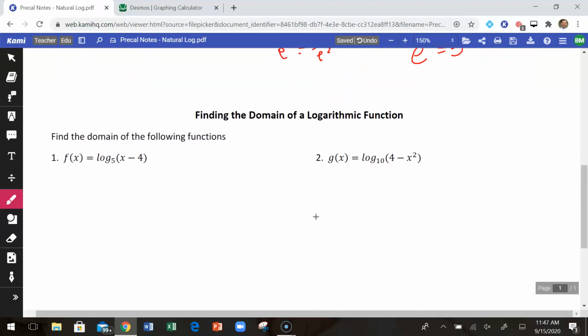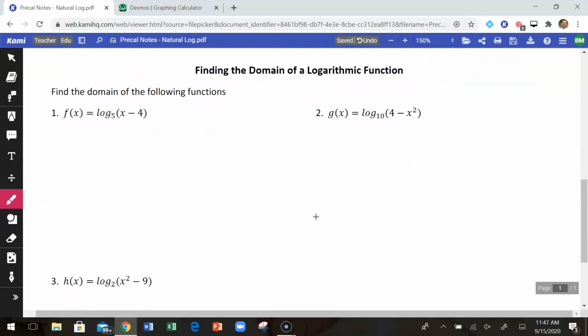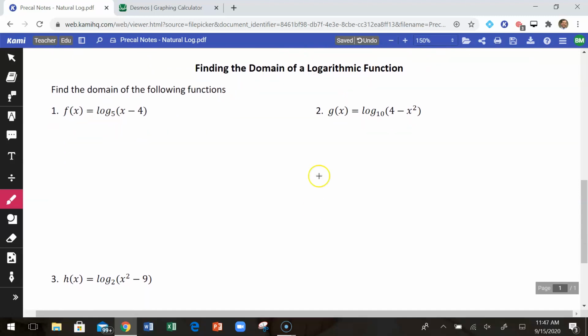Next up in here is just talking about the domain of logarithmic functions. Not even just natural log, but the same is true for natural log. For any logarithmic function, how do we find the domain? If we think about the graph of a logarithm, remember there is a vertical asymptote at the y-axis, or at x equals 0.